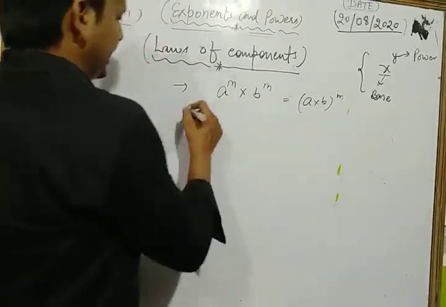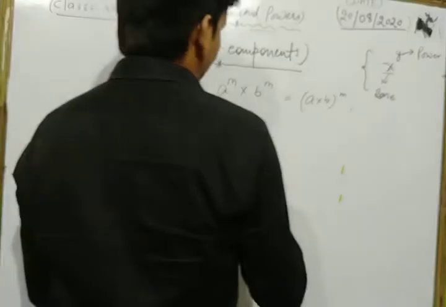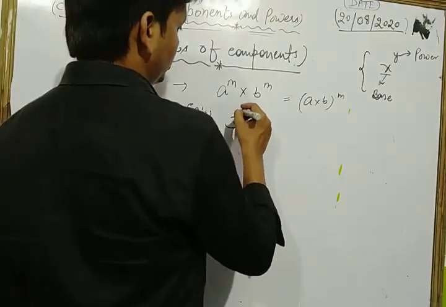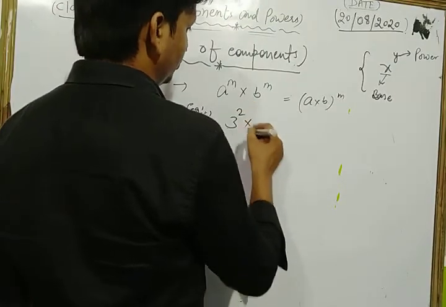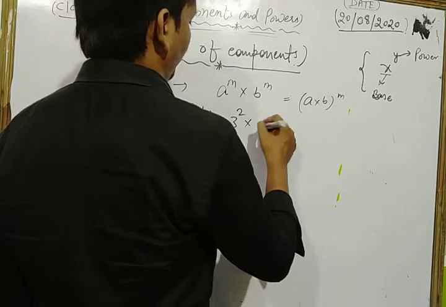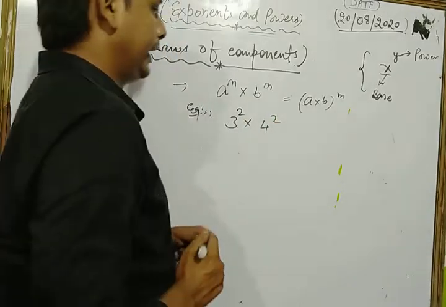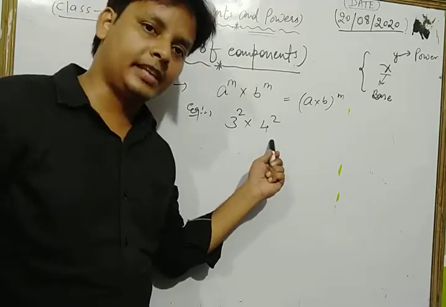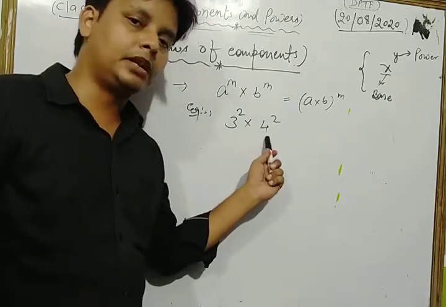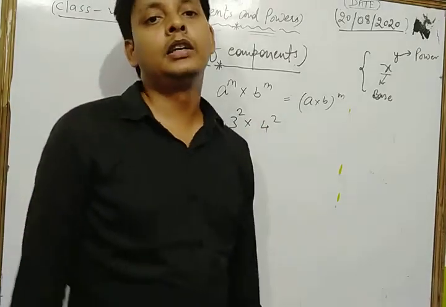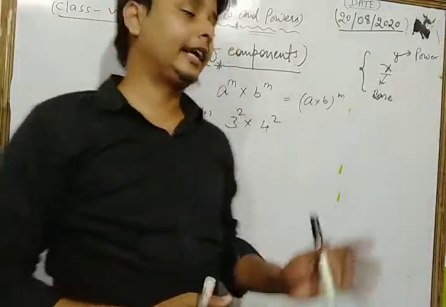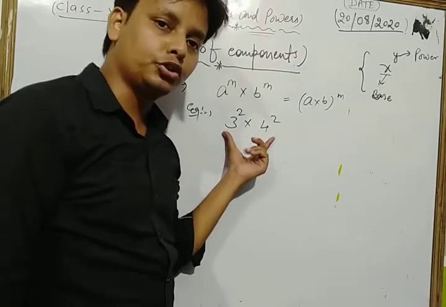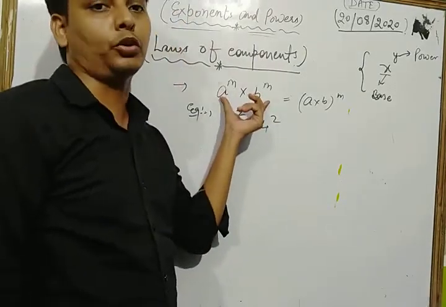So dear student, take an example. Suppose we write 3 to the power 2 into 4 to the power 2. Here, dear students, the powers are the same but the bases are different. So in that type of question we use this law of exponents.